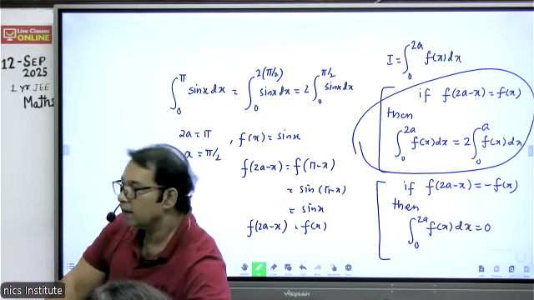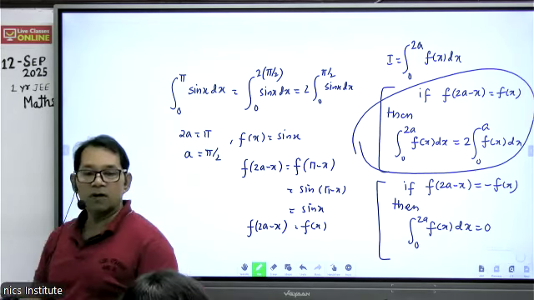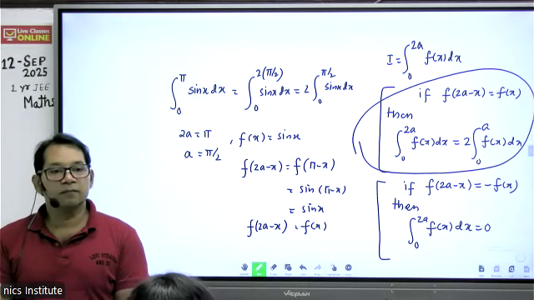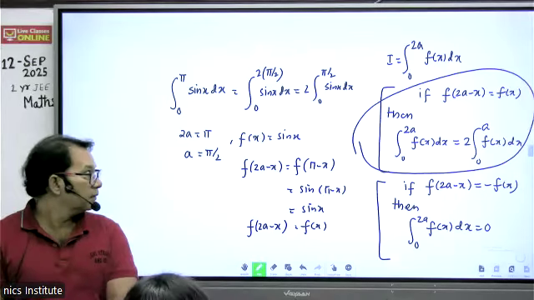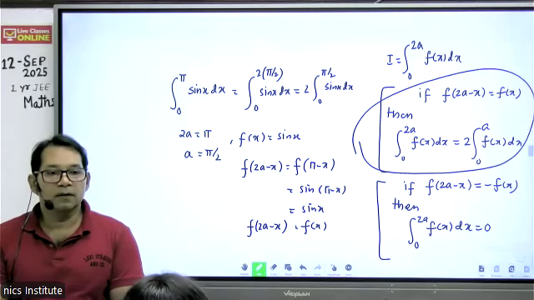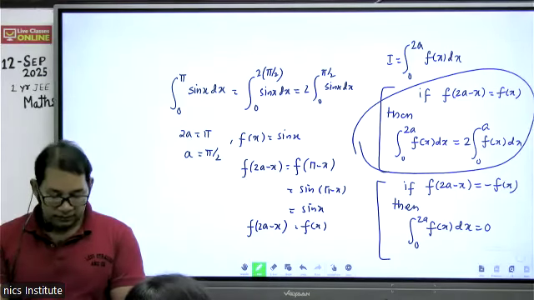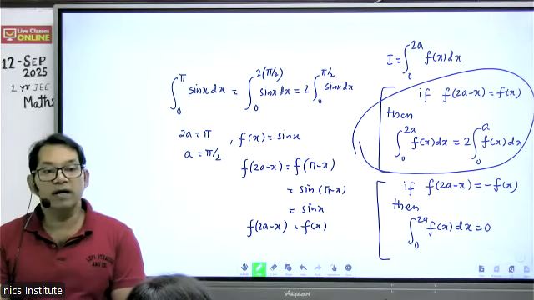जानवी, जायना, आन्या, कैमरा ऑन करो. हाँ. नहीं नहीं नहीं, वो नहीं लगाई हमने. 0 to a वाली लगाई, 0 to 2a नहीं लगाई है.